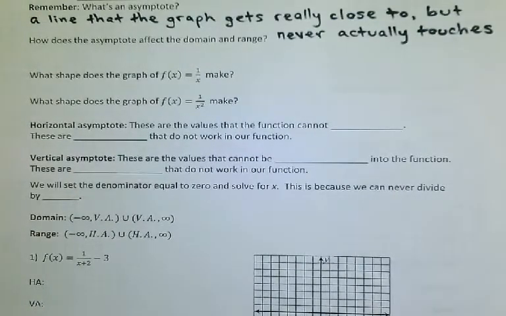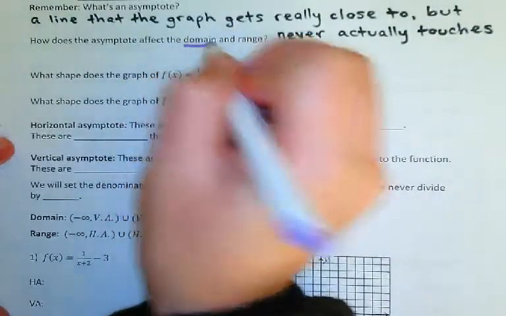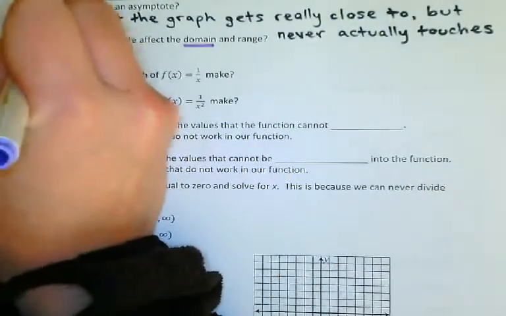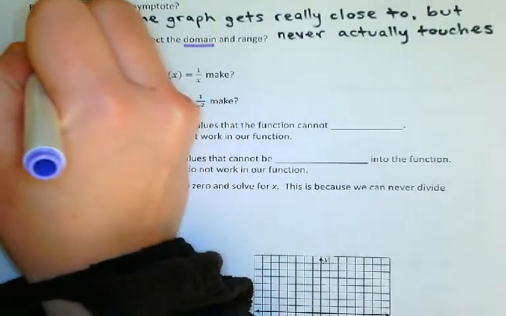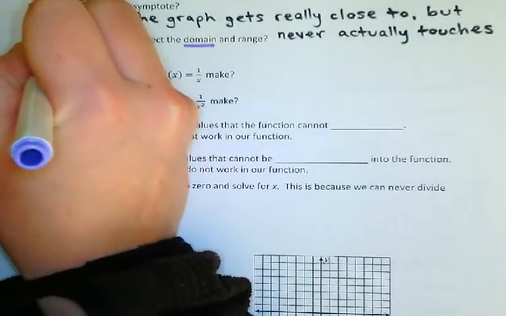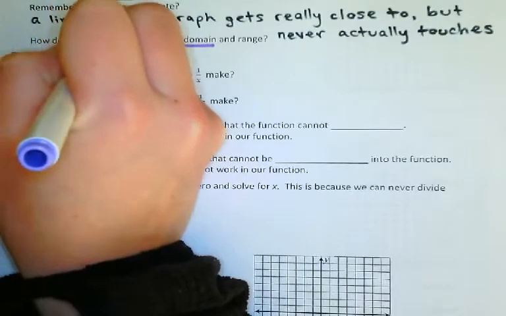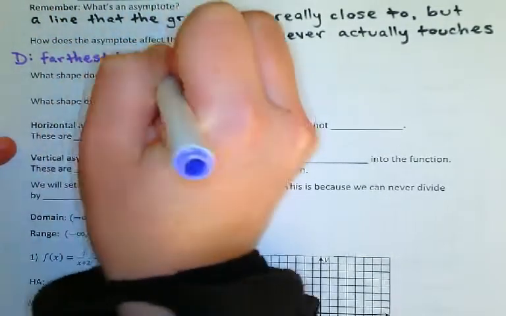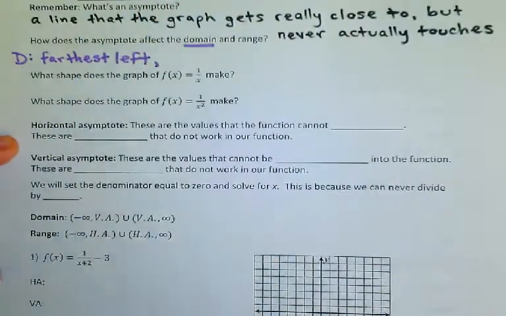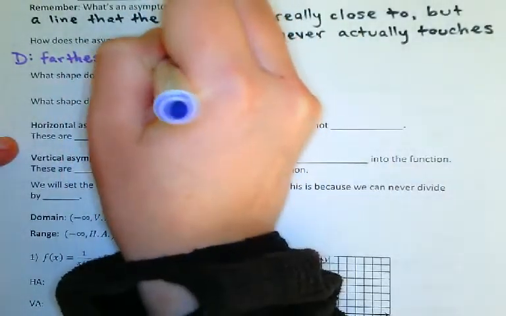Now, asymptotes affect our domain and range. Real quickly, remember what your domain is? Domain, we typically write it like this. It is your farthest left, and then we would put a comma to your farthest right.